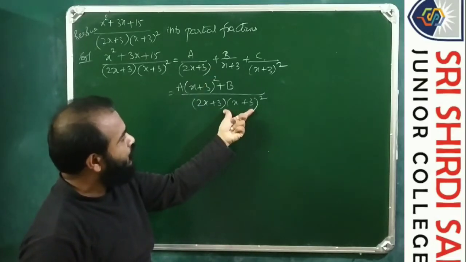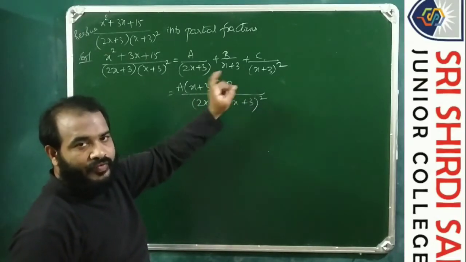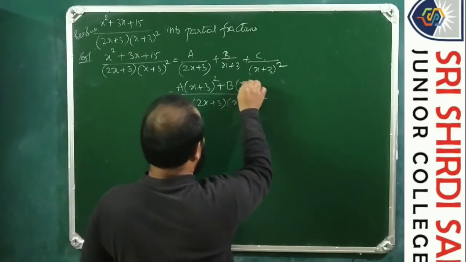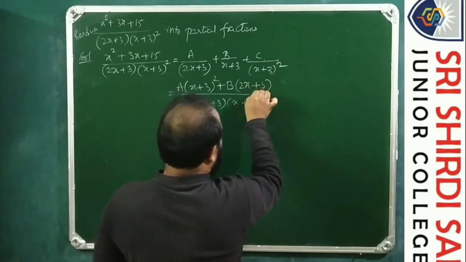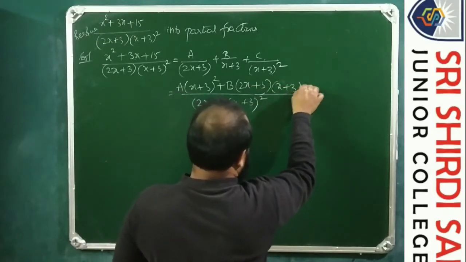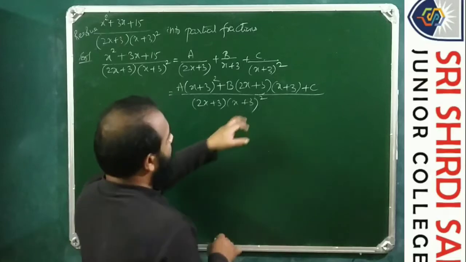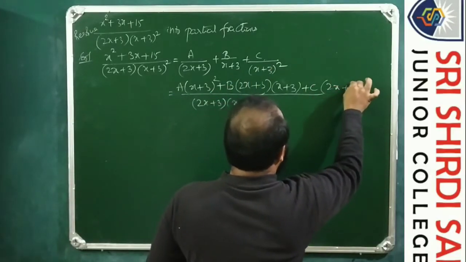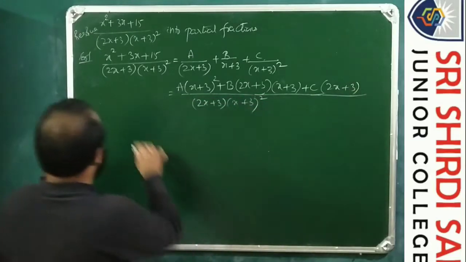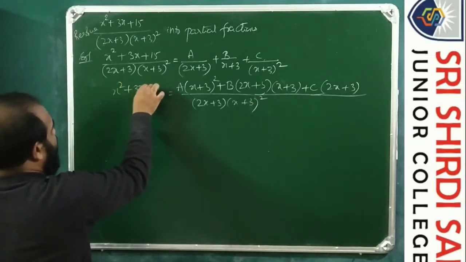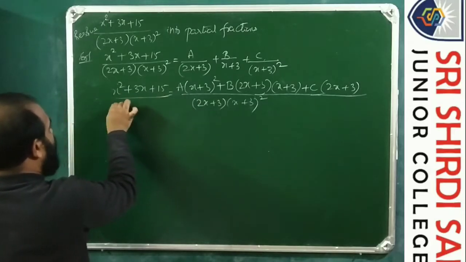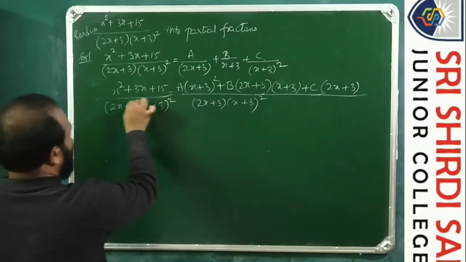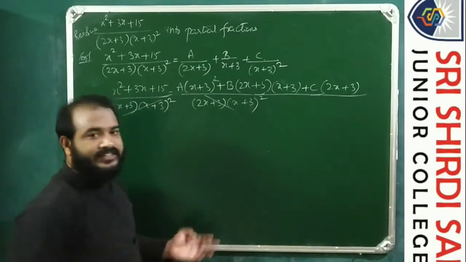X plus 3 whole square by x plus 3 gets cancelled for once, and we are left with B into 2x plus 3 into x plus 3 plus C into, these two get cancelled, we are left with C into 2x plus 3. So this is equals to (x square plus 3x plus 15) by (2x plus 3) into (x plus 3) whole square. So these two on both the sides get cancelled.